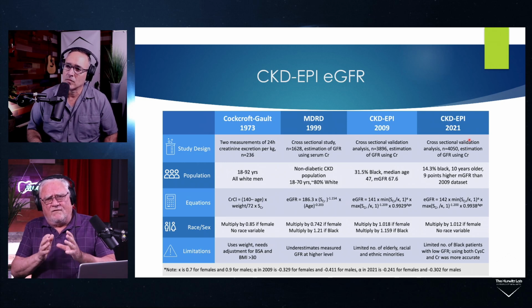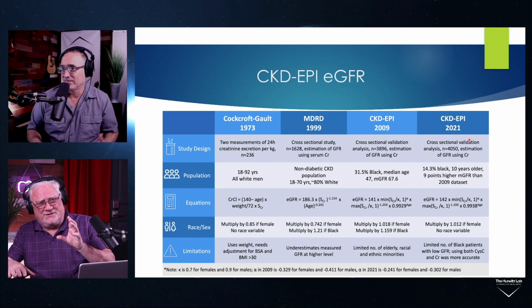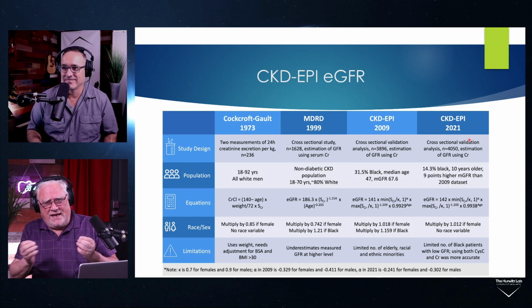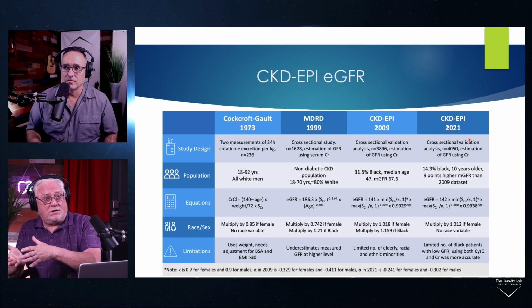It evolved to then being something that you could use to monitor progression in people. And progression may or may not be linked to what's actually going on with the GFR. These equations may be predicting progression in ways that are not completely related to what the GFR is, but they work in studies.